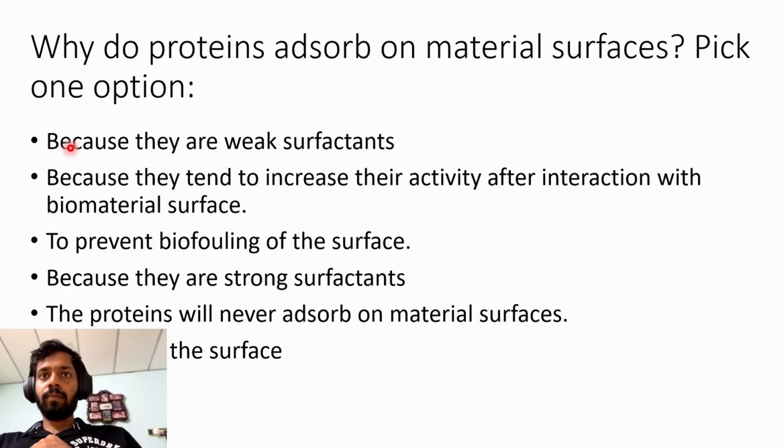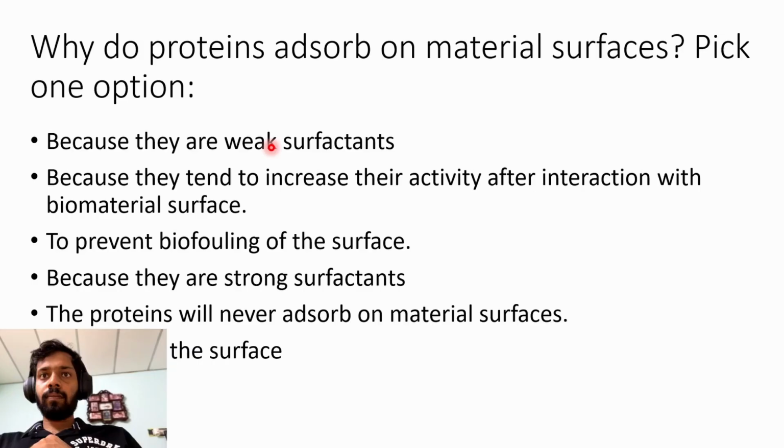So the other option reads, because they're weak surfactants. So we have a couple of options here. Either they're adsorbing on material surfaces because they're strong surfactants, or they're adsorbing on material surface because they're weak surfactants. So what is a surfactant? A surfactant is essentially a molecule that has a hydrophobic group and a hydrophilic group, right?